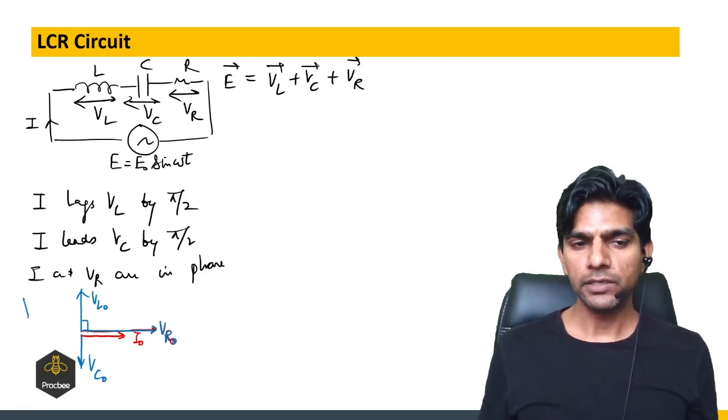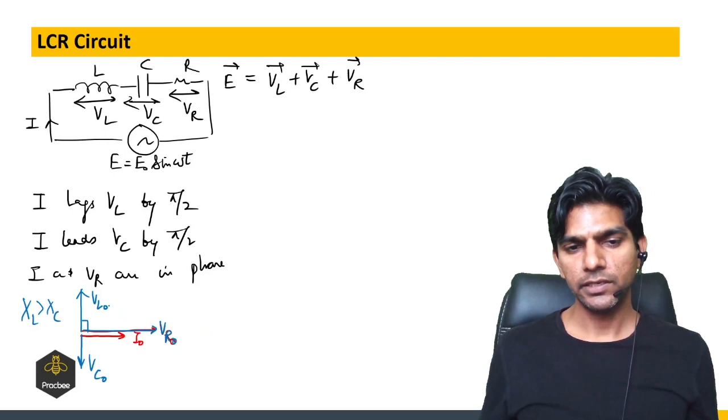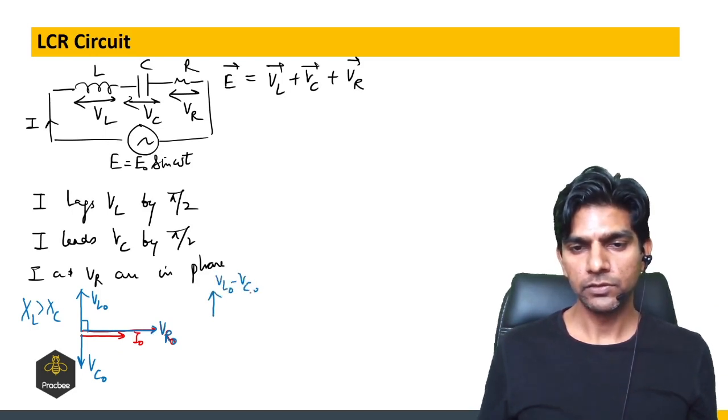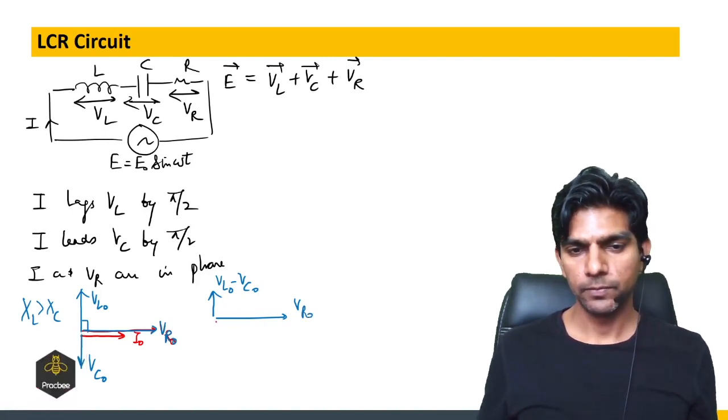So again, I'm taking the case where XL is greater than XC. In that case, the resultant of VL naught and VC naught will be in the upward direction. So this will be VL naught minus VC naught, and this is VR naught, and we have current in this direction.